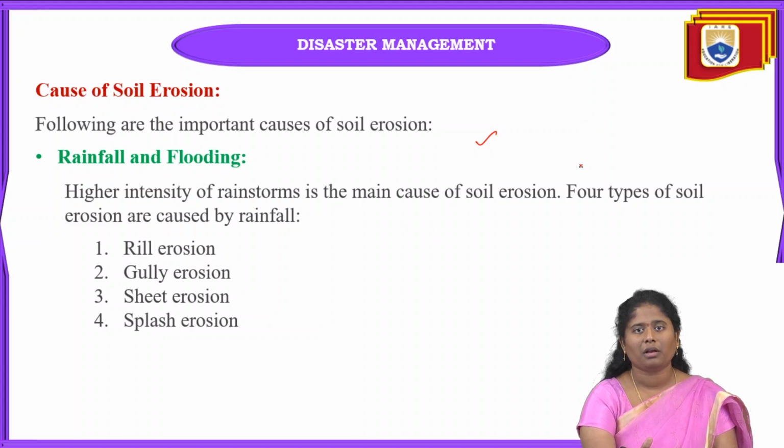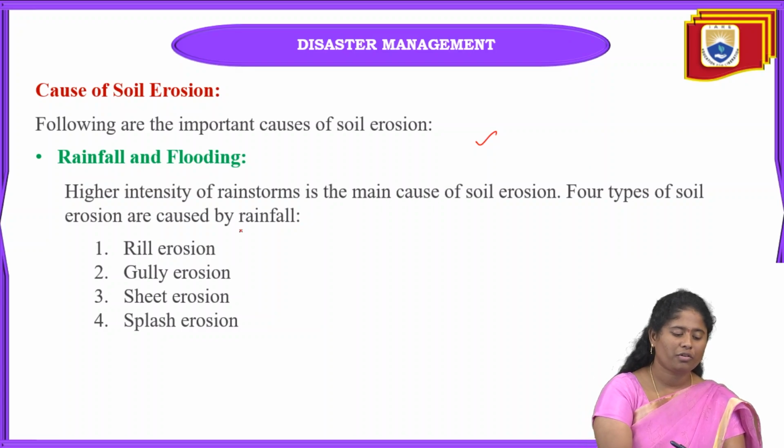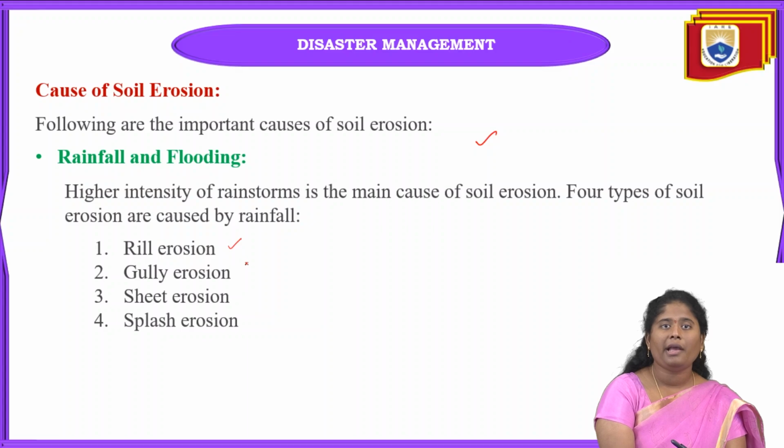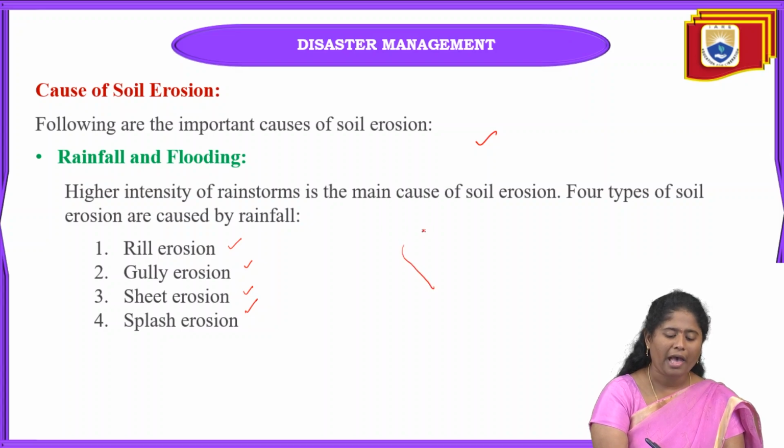From this rainfall and flooding, we can know the causes of soil erosion: rill erosion, gully erosion, sheet erosion, and also splash erosion. I already told you this. Rill erosion is nothing but water or soil flowing through a very narrow space.